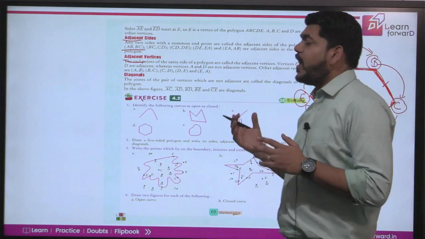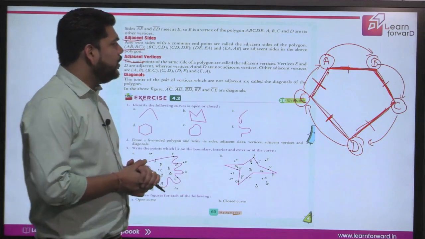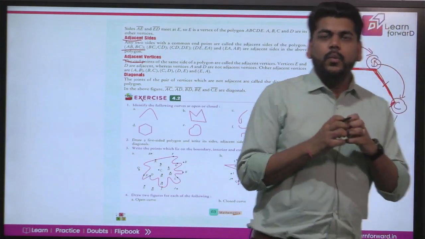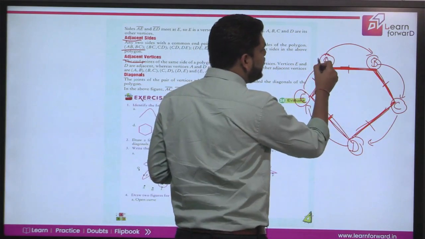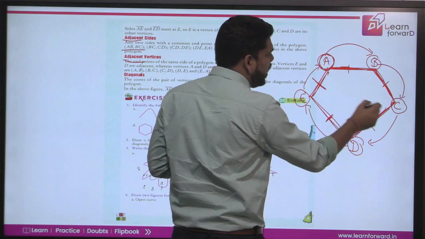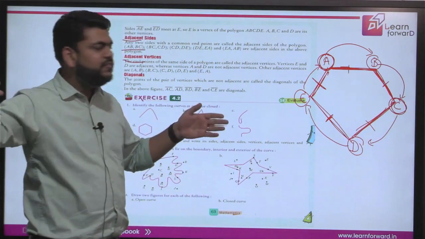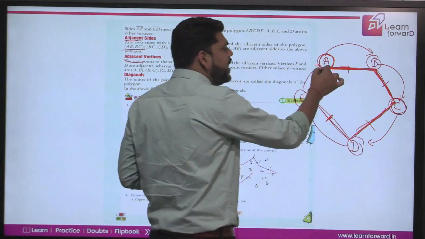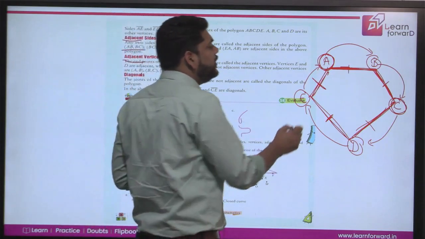Now comes the diagonals. What are diagonals? The non-neighbor vertices. Non-adjacent vertices A and C are not neighbors, right? They are far from each other because B is in between. When A and C are not neighbors, join their hands.